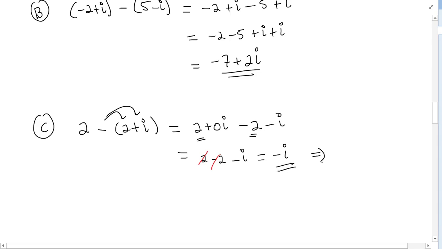If you want to write it as a complex number, and WebAssign may say write it as a complex number, then it will be 0 minus i. Or if it asks you what the real part is, it's 0, and then the imaginary part will be negative 1i. I'm going to record another video for multiplication and division of complex numbers.